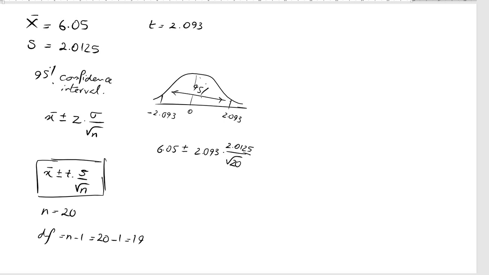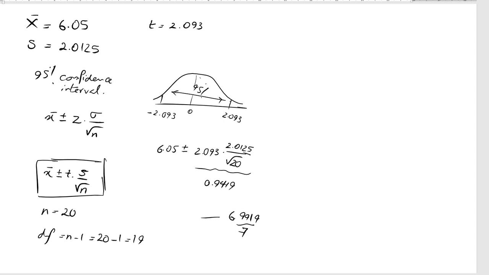If you calculate this part here, that would be 0.9419. If I add 0.9419 to 6.05, I would have 6.9919, almost 7.